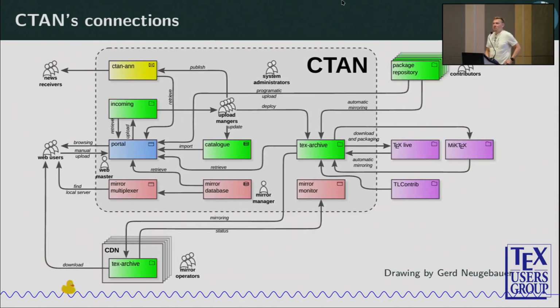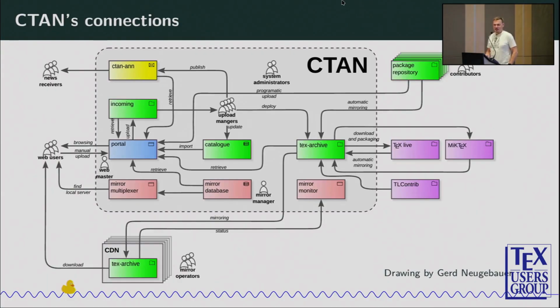This image shows, or tries to show, the connections from CTAN to the outside world. I recommend to download the presentation from the conference's website. It's a little hard to explain everything now.